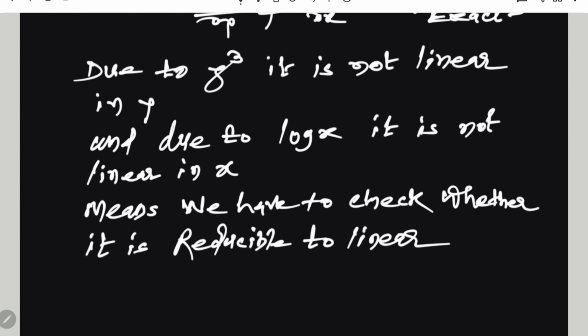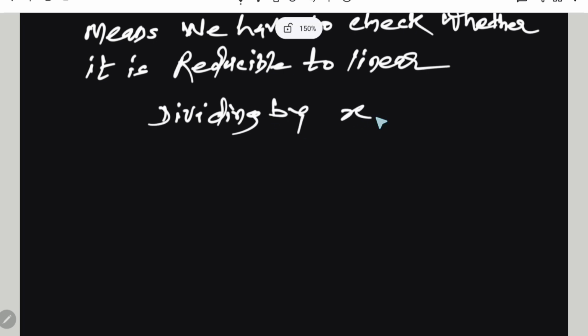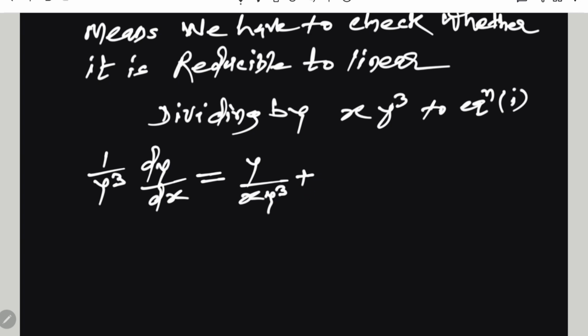whose general form is like this. Then dividing by x into y cube, throughout the equation we have 1 by y cube into dy by dx equals y upon x y cube plus 1 plus log x.